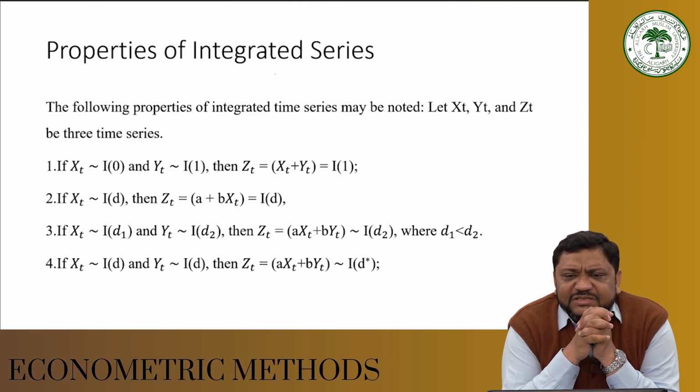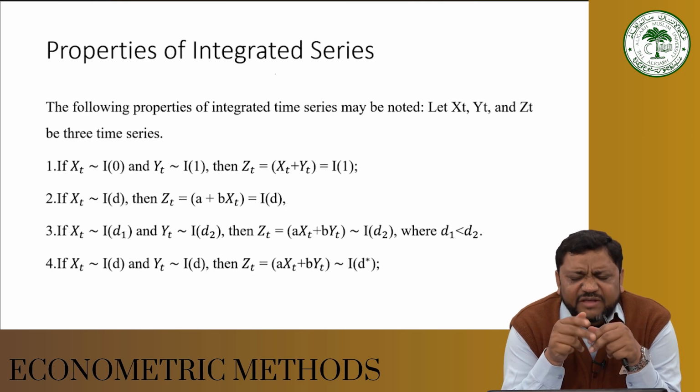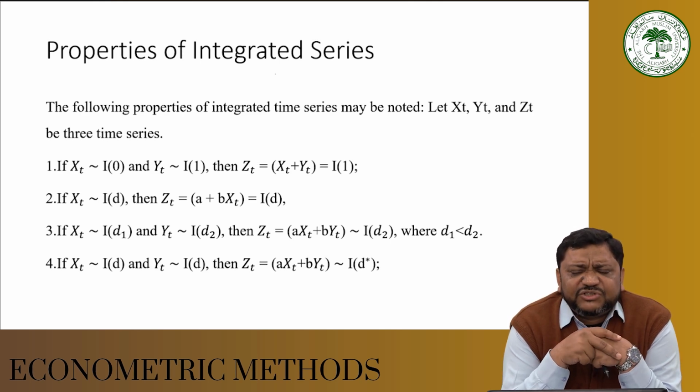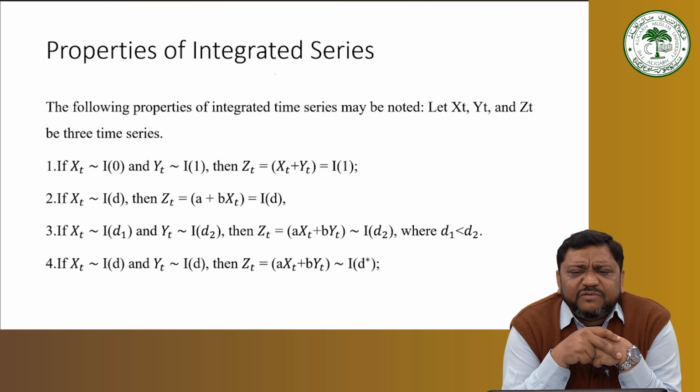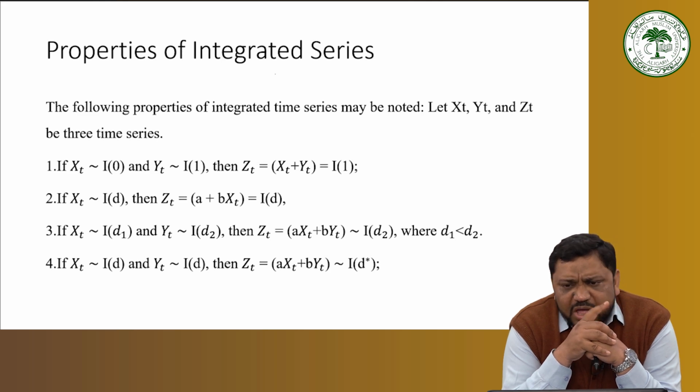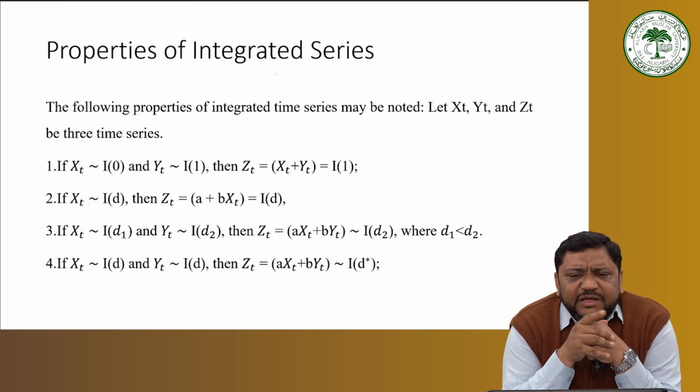We take the second case. Here it is written X is I(d), Y is I(d). D gives the idea of how many times differencing is done. If it is done once, the value of D is 1. If it is done 2 times, the value of D is 2. If the differencing is done 3 times, the value of D is 3. So if we have a combination like Z equal to A plus B xt, this will also be I(d), where A and B are constants.